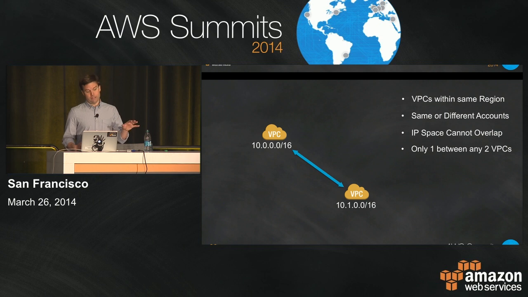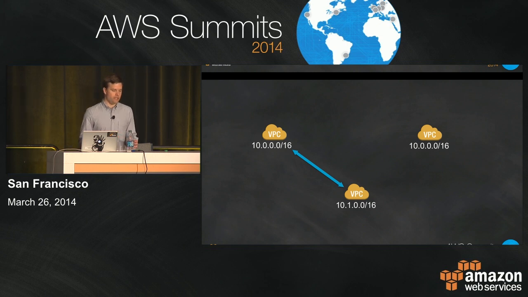So back in the beginning when I mentioned IP space overlap, that's the key requirement of peering: IP spaces can't overlap. It won't allow the connection to go active if any part of your IP space is overlapping. And the last point is also important. You can only have one peering relationship between any two VPCs.